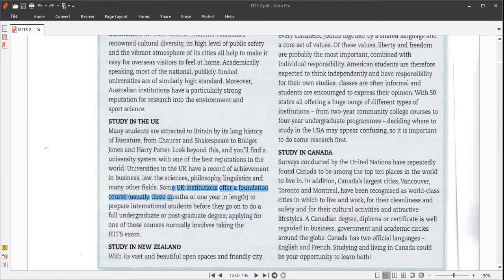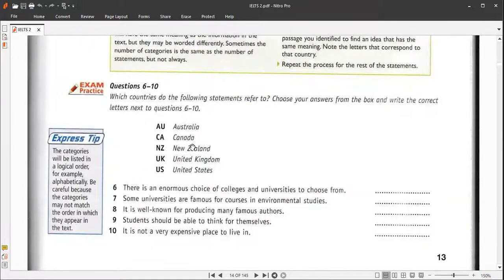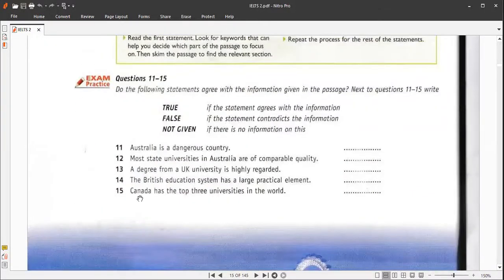All right. Now number 15. Canada has the top 3 universities. Oh, the British education system, number 14. The British education system has a large practical element. Oh, that's already answered. Canada has top 3 universities in the world. Oh my god, my mistake.